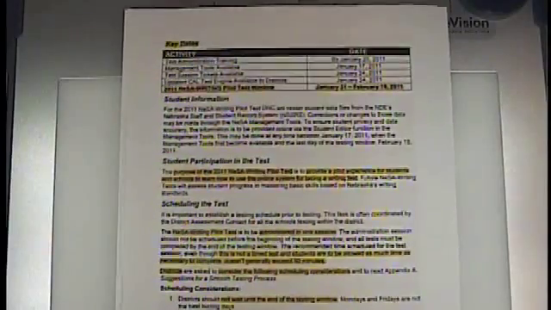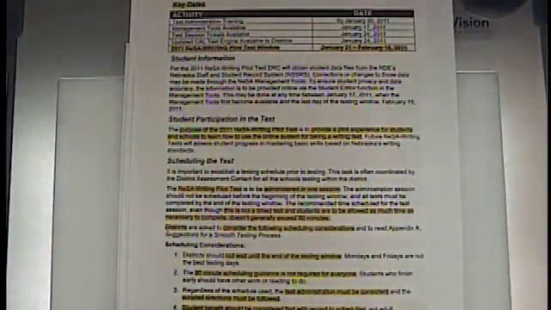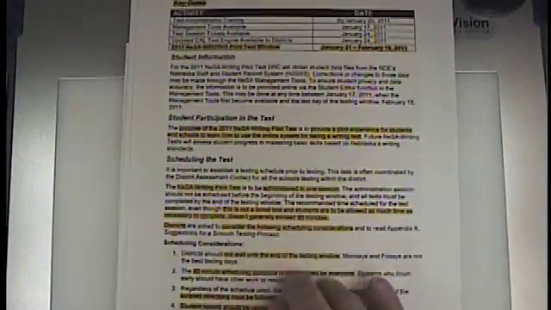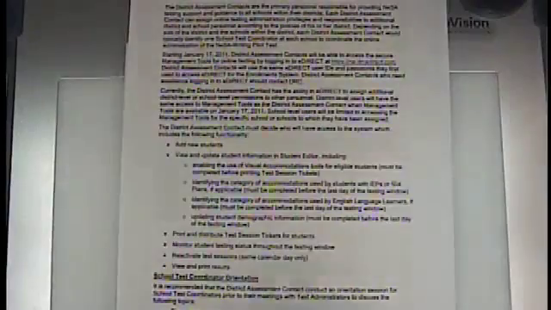On page 5, it talks about scheduling the assessment, and it's right down here. And I'm sure you and your district assessment coordinator, your DAC, have made those kinds of adjustments and schedules for that. Here, this talks about the security of the particular assessment. One other thing here, we talked about the practice test and test administration orientation.